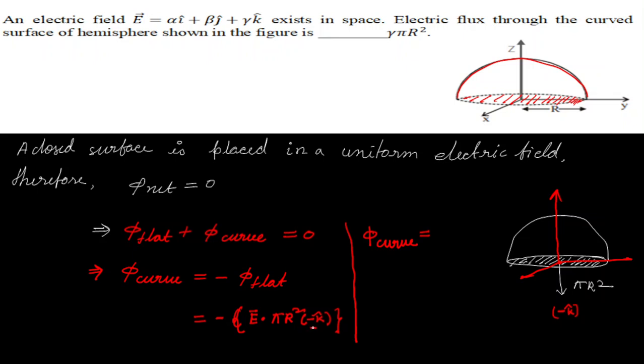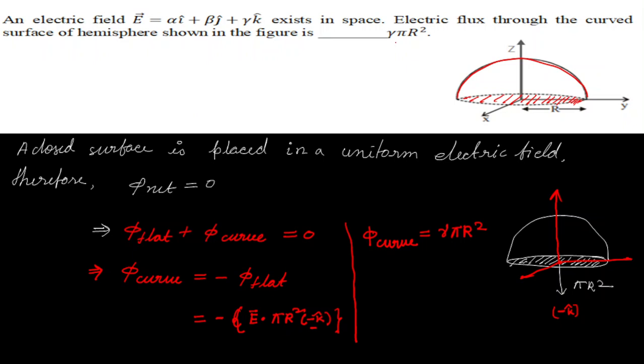And then this negative sign and this negative sign will give you positive. So ultimately, the flux through the curved surface will be gamma pi r square. That will be the total flux through the curved surface.